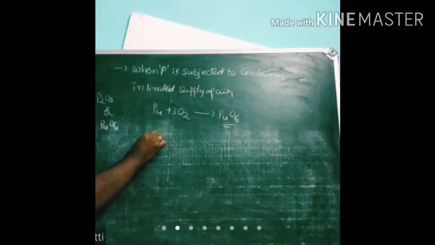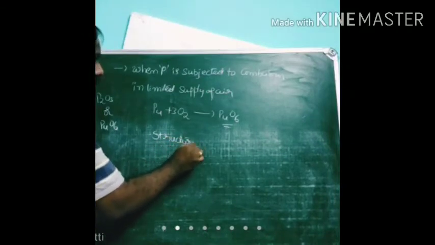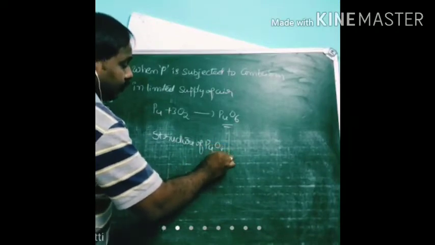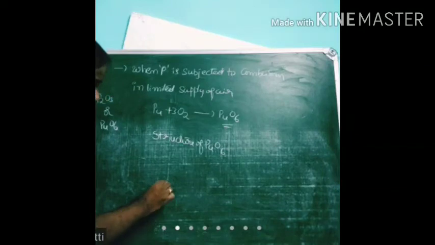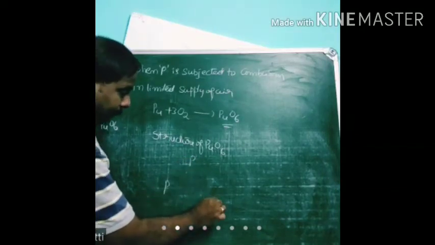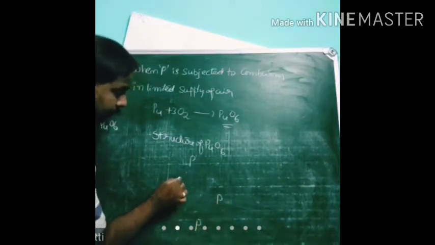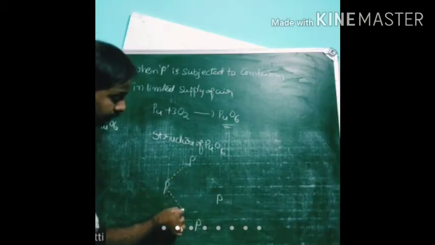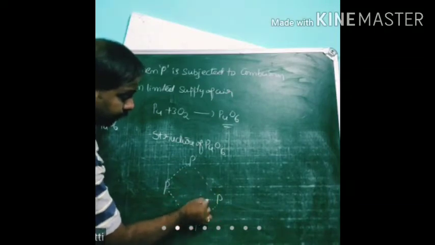So the structure of phosphorus trioxide, structure of P4O6. First write 4 phosphorus tetrahedrally. This is not a bond, just a tetrahedral shape.